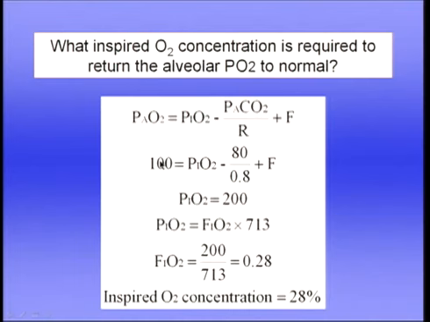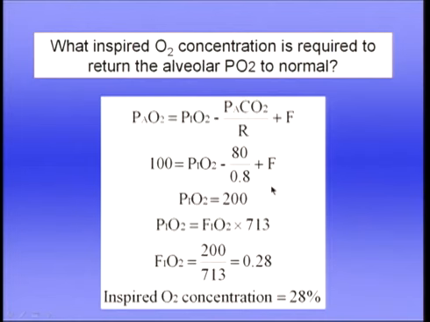In other words, how do we return the alveolar PO2 from 50 to 100? So the inspired PO2 now is not known. That's going to be changed by giving the enriched oxygen mixture, but the PCO2 is 80 over 0.8. And so if we solve this equation, you can see that this thing here is going to be 100. So the inspired PO2 is going to be 100 plus 100, or 200.